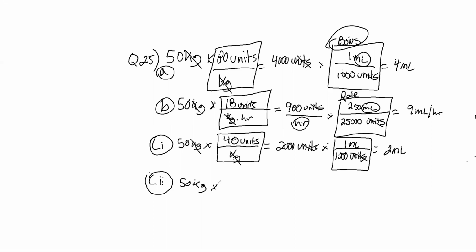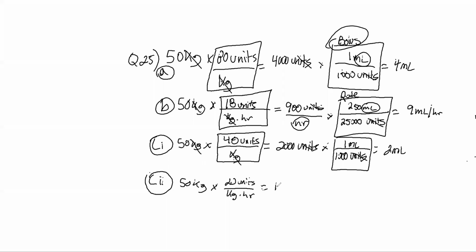So I'm going to take 18 and add 2, and I'm going to get 20 units per kilogram per hour. Do you see where I got the 20 from? All I did was add the 2 units that I increased it by to the original 18. So I get 20 units per kilogram per hour.